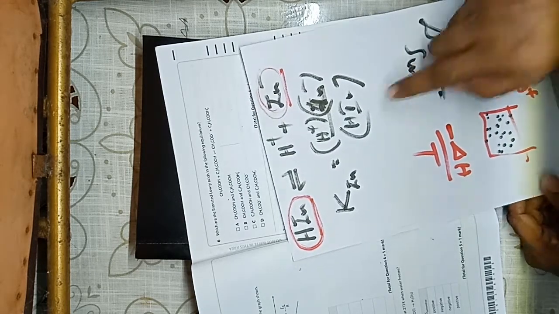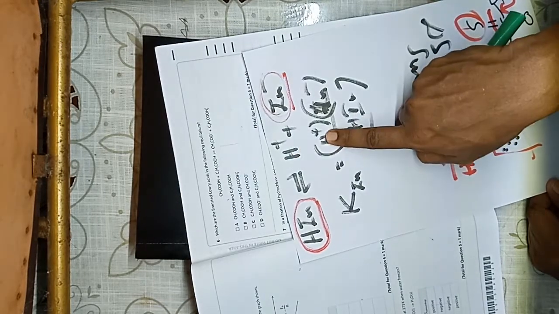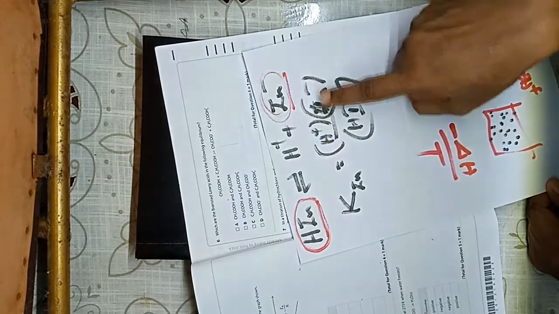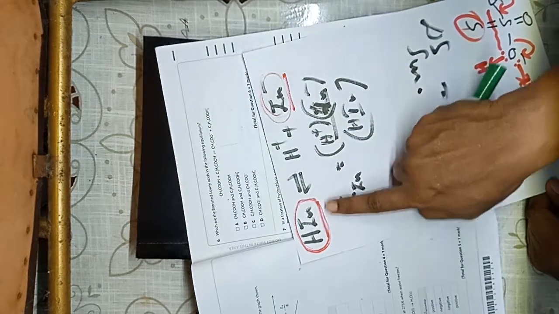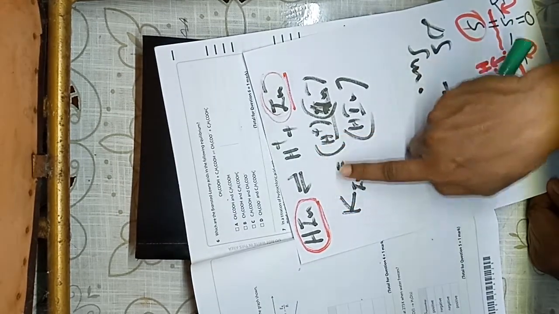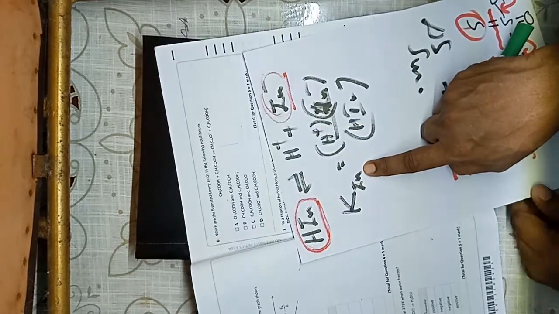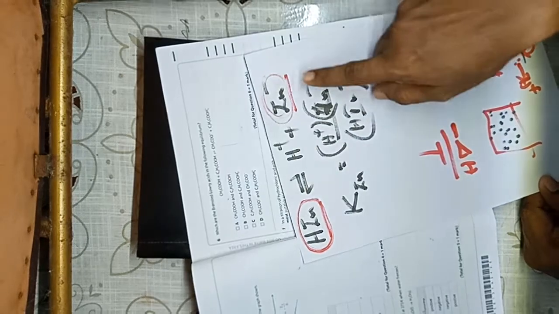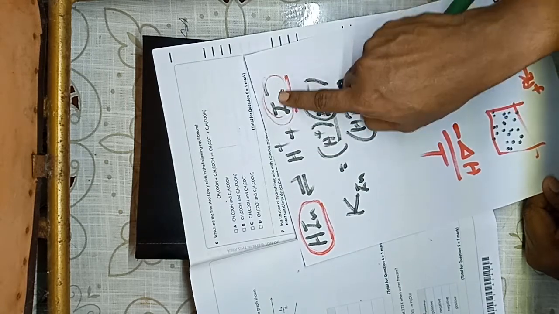When H+ is eliminated from the system, the numerator decreases. Then in order to counteract the change, to re-achieve the relevant Kc value, the forward reaction is more favored. Here if the H+ concentration increases, then the backward reaction is more favored.